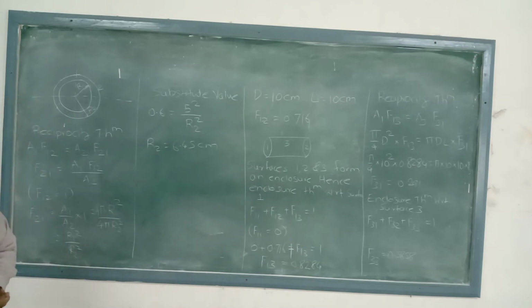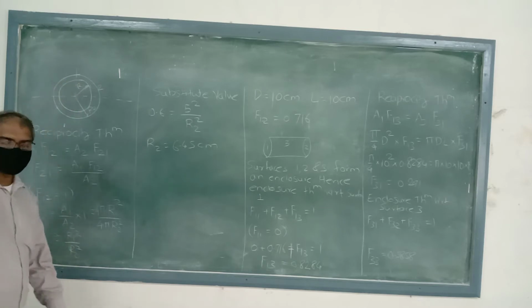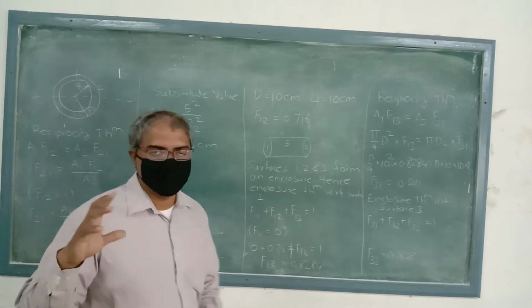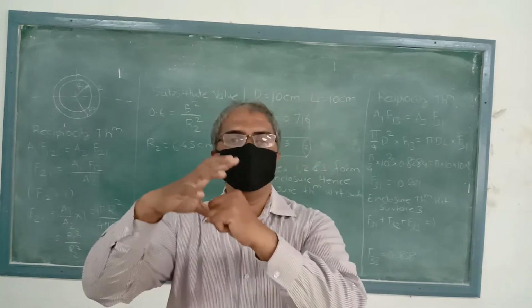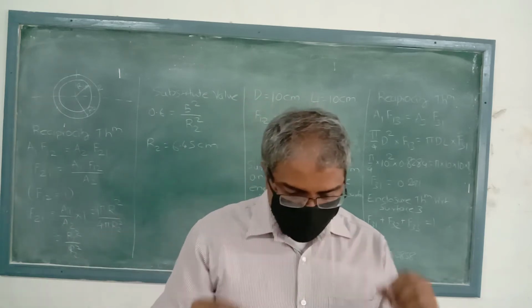We know the reciprocity theorem. By applying the reciprocity theorem, A1 F1 to 2 is equal to A2 into F2 to 1. So in this reciprocity theorem, F2 to 1 is equal to A1 into F1 to 2 upon A2. Seeing this figure, one is the inside sphere and the other is the outside sphere.